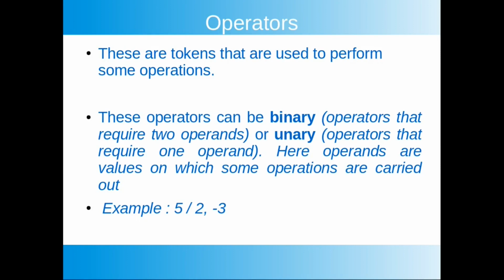The second one, -3, represents a number 3 but with a negative sign. The minus sign used here works as a unary operator as it uses only one operand.